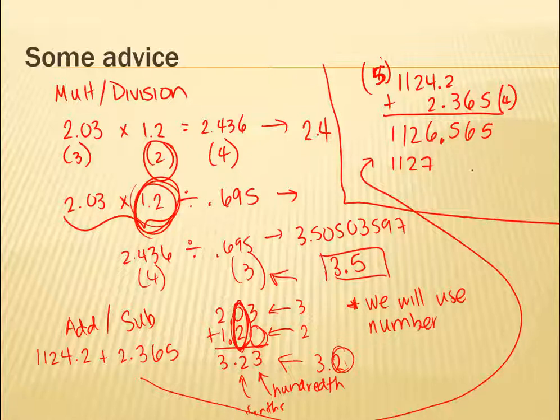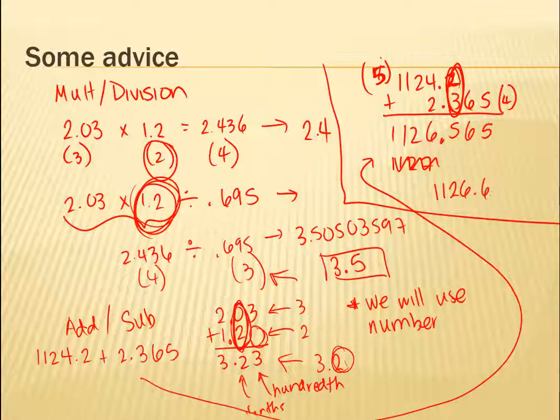The right way to do it with addition and subtraction is to look at my places after my decimal point and say, well, this one has 1, this one has 3. I can only go 1. So I can actually have that extra digit here. So 1, 1, 2, 6, point, and I can have, well, 5, it's a 6 afterwards, so it's going to become a 6.